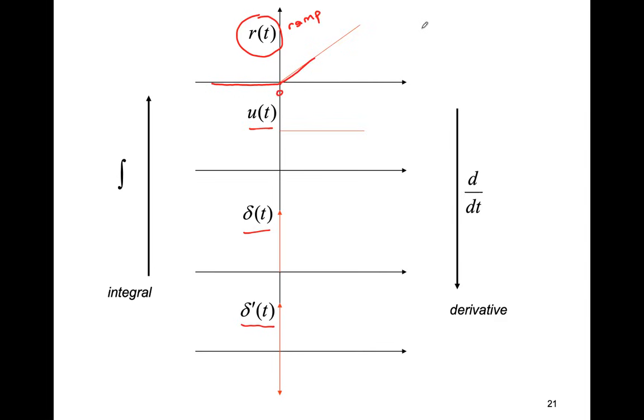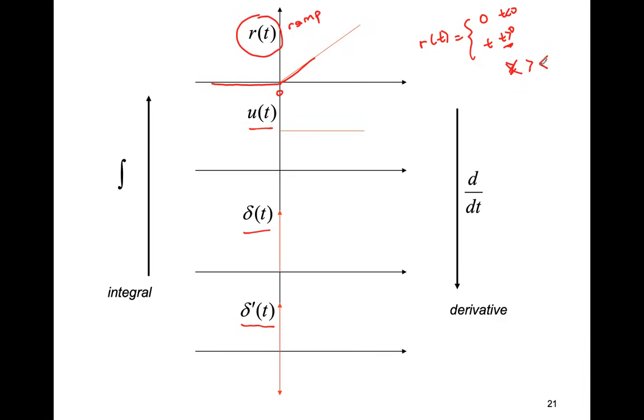So if we define it, r of t is equal to 0 when t is less than 0, it is going to be equal to t when t is greater than 0. For the continuous case, we don't use equal to too often. We just say greater than or less than.